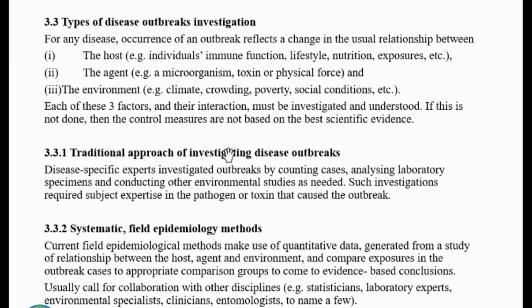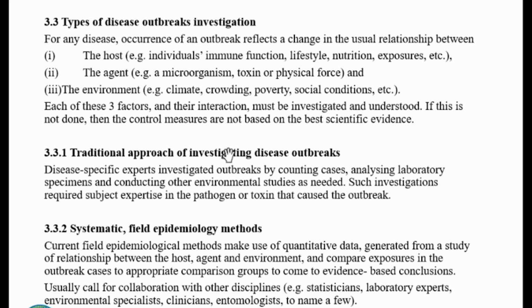That's the person who is affected, and their lifestyle, nutrition, how she or he behaves, works, eats. But then there is the agent, the causative factor. Is it a microorganism in a certain food? Is it a toxin? Is it a physical force? Or is it the climate?